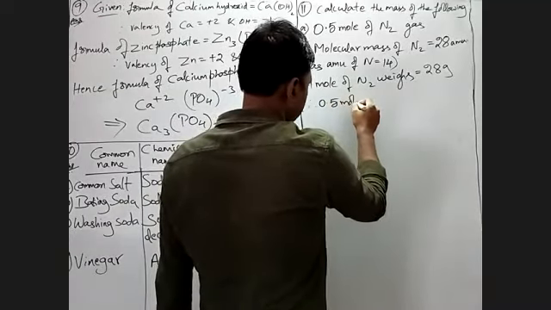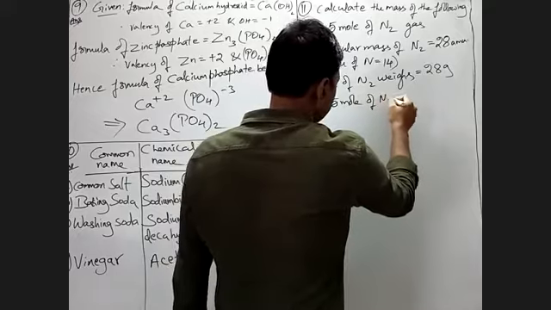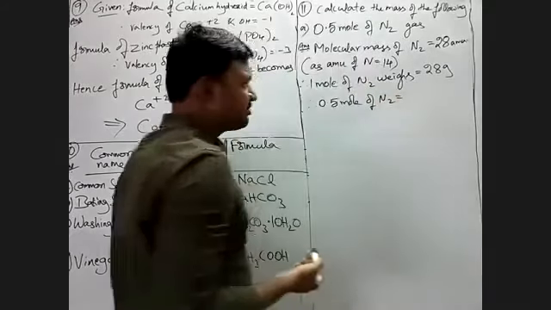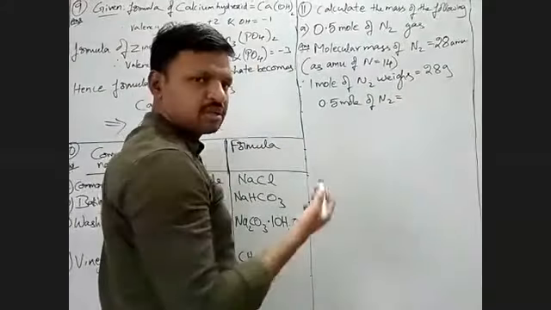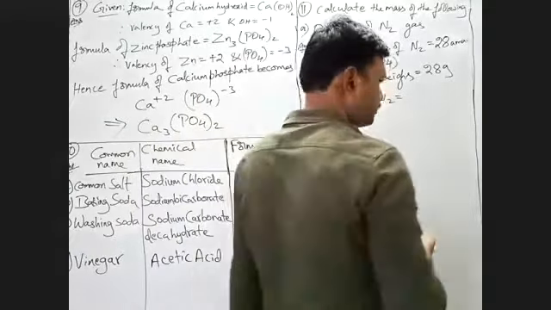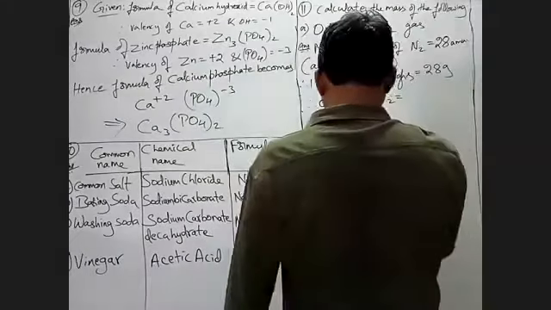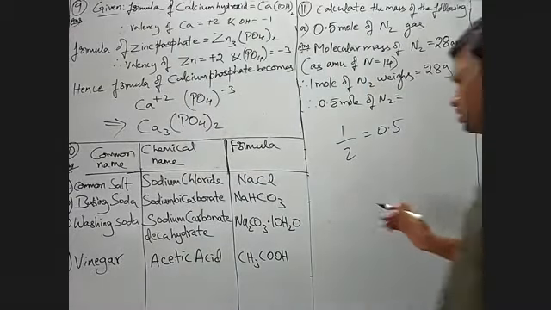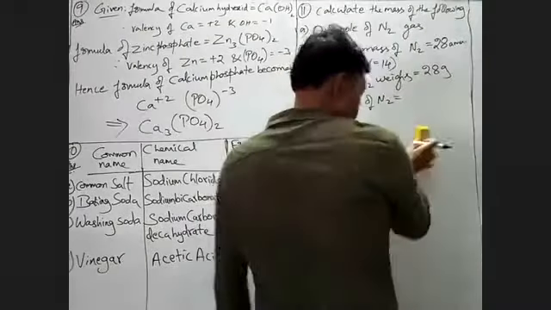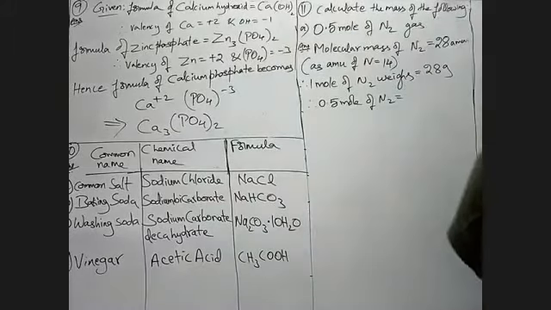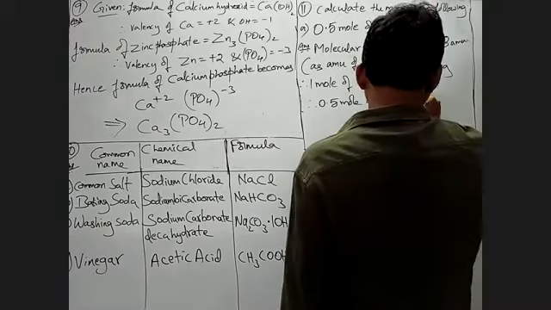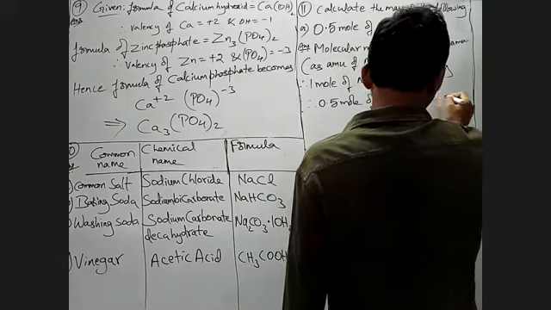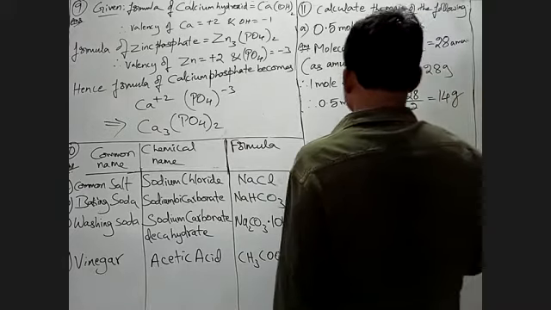Therefore, 0.5 mole of N2 means 1 by 2 only, no? 1 by 2 you can write as 0.5, yes. So divide this by 2, it's a half. 28 by 2 is 14 gram.